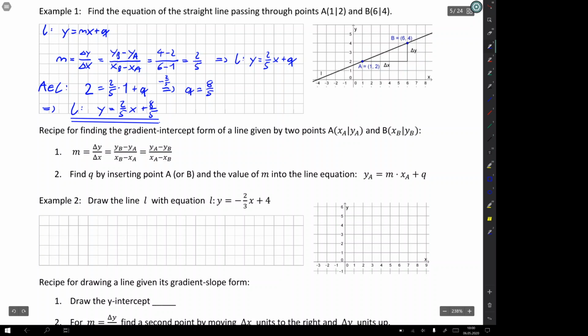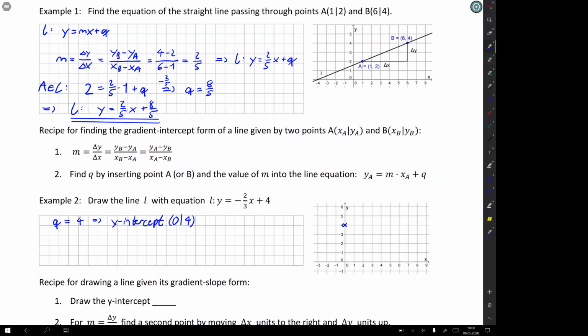So let us draw it. Well, we know that the y-intercept q is 4. This means the y-intercept is the point (0, 4). So we know the line passes through this point here.